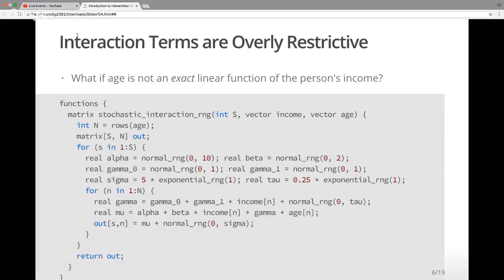Right. Well, again, ultimately, we're going to be estimating the posterior distribution of all these things. And it's entirely possible that the posterior distribution of gamma or whatever can deviate from that, since this is really just a statement of our priors.